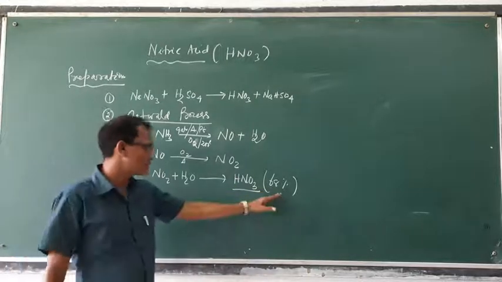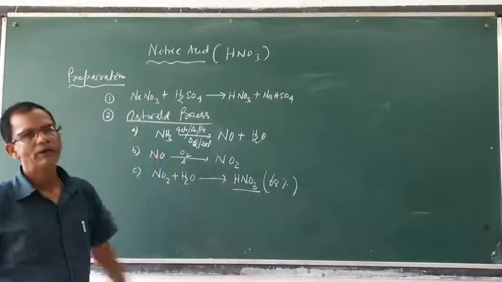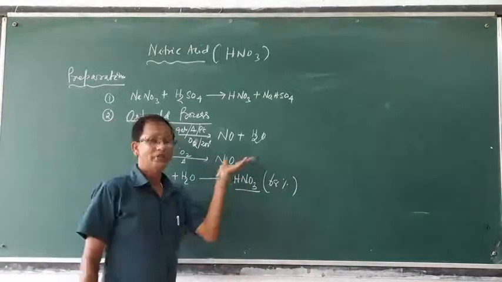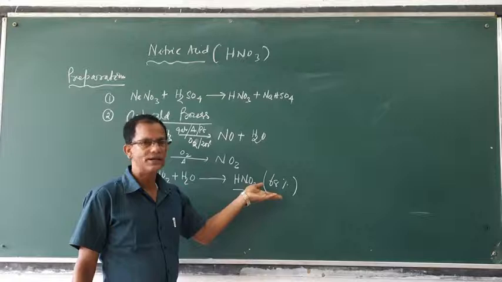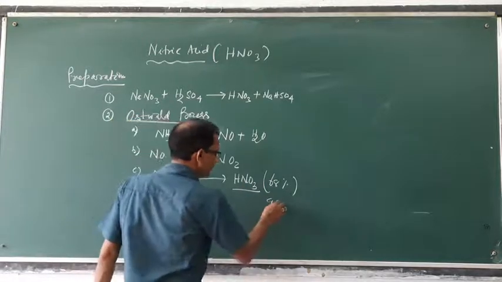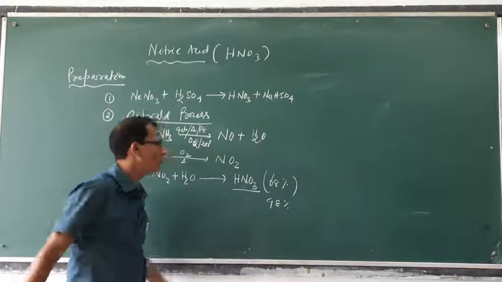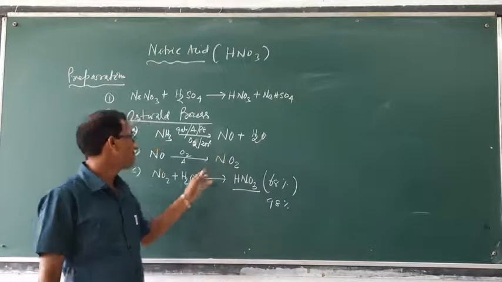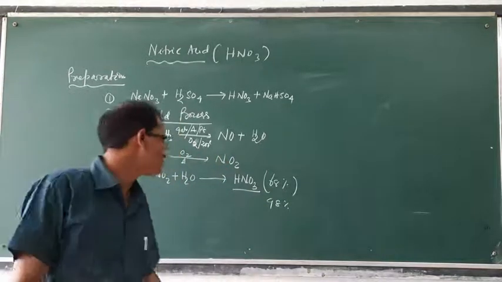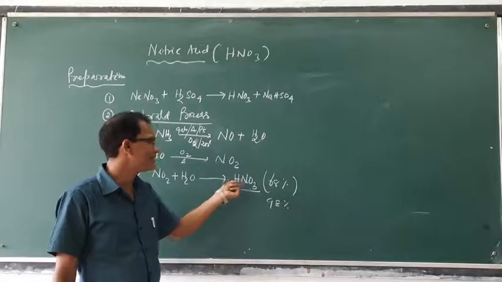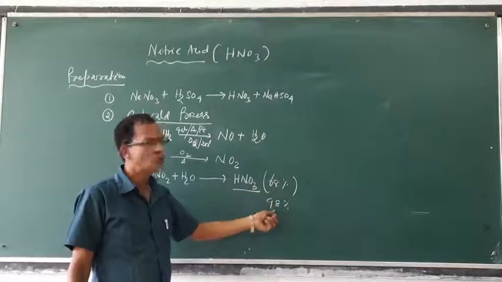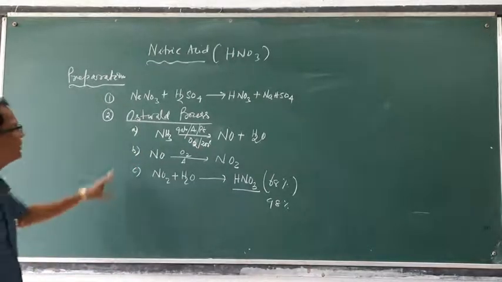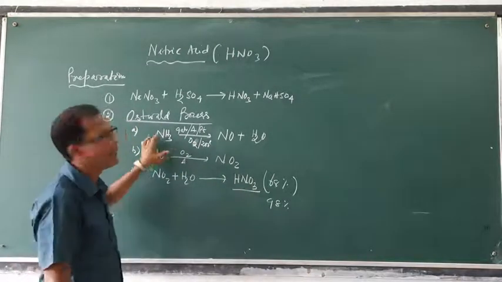Then this 68% nitric acid can undergo dehydration and be converted to a higher percentage, around 98%, by using a dehydrating agent such as sulfuric acid. So these are the 3 steps to prepare nitric acid from ammonia.